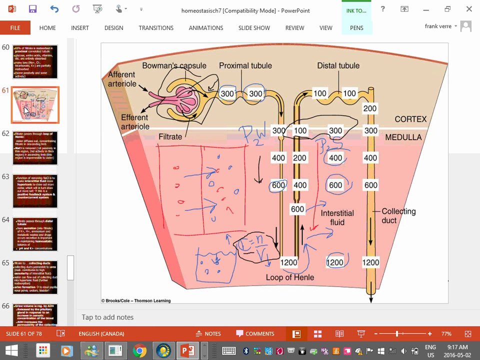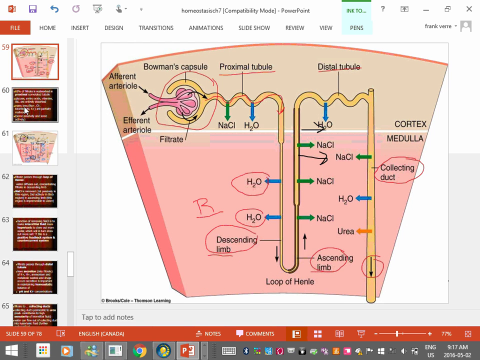What aldosterone does is it increases the reabsorption of salt. So you get more of this. More salt gets reabsorbed. Why would that increase blood pressure?